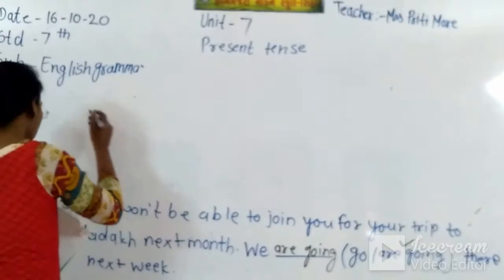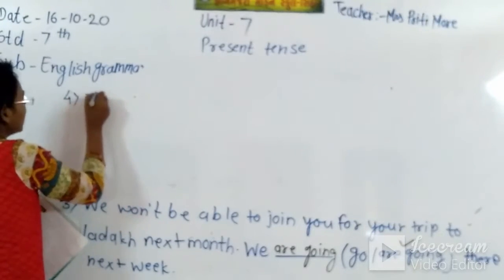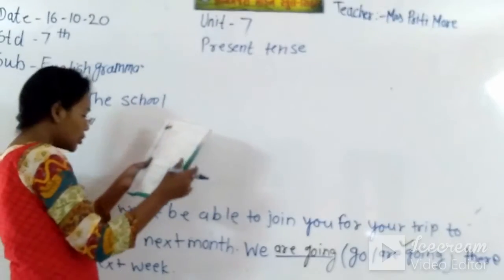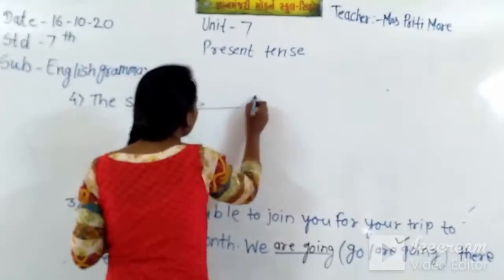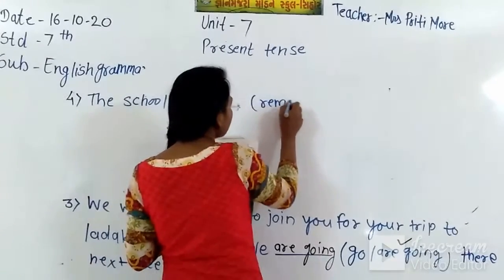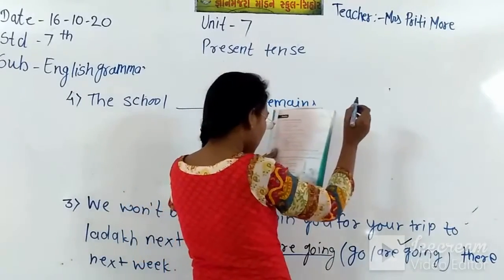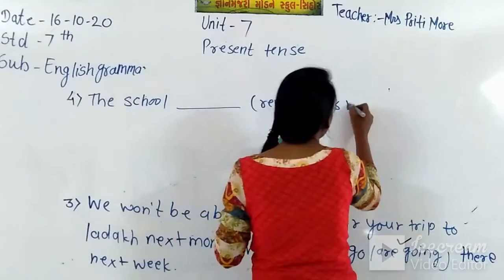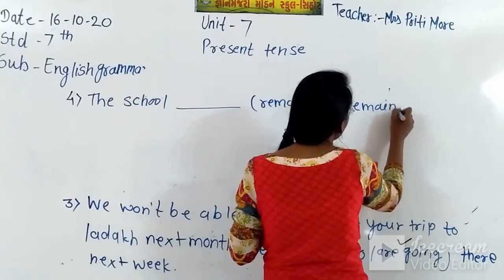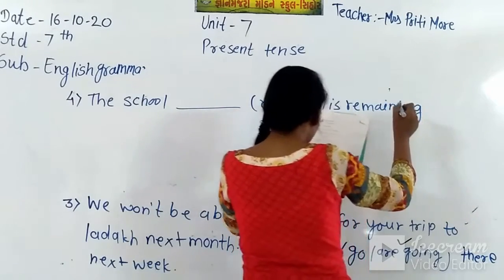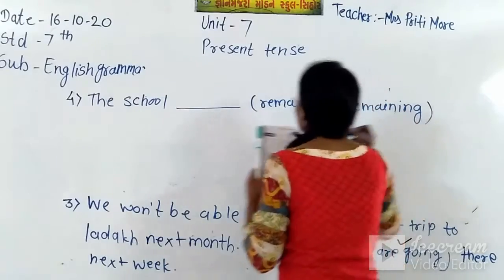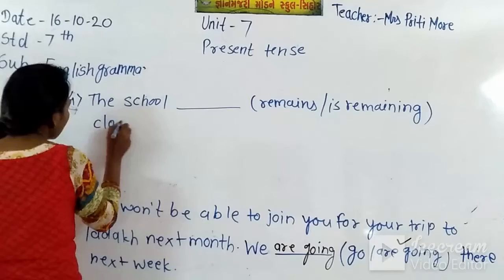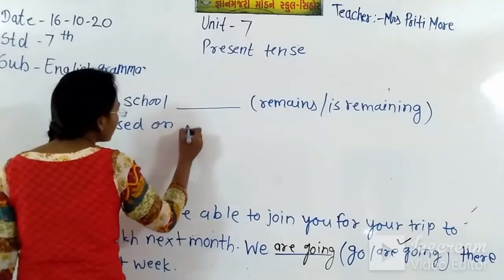The school, blank space here, in the bracket remains and oblique is remaining. Bracket completed: closed on weekends.